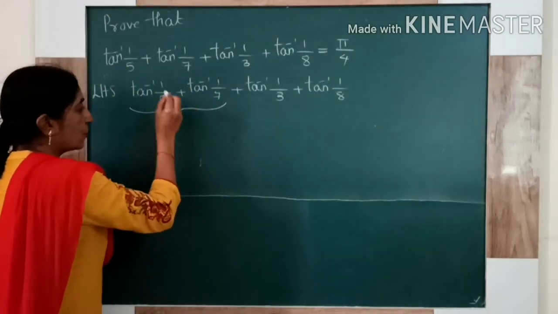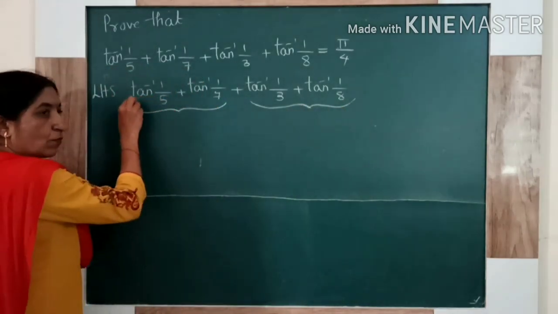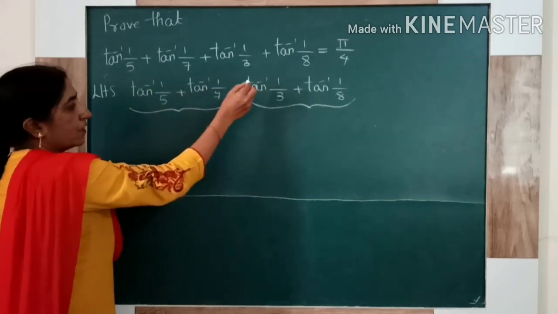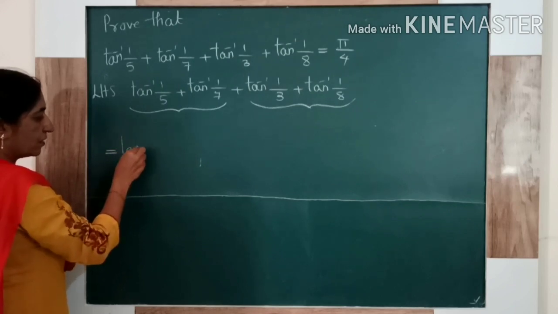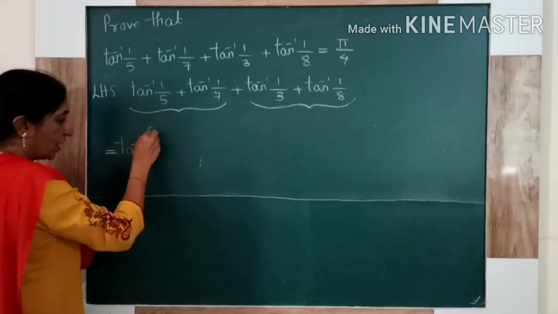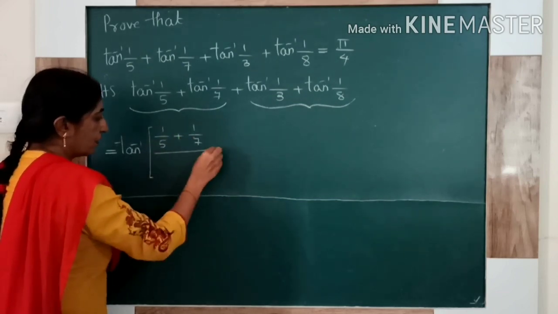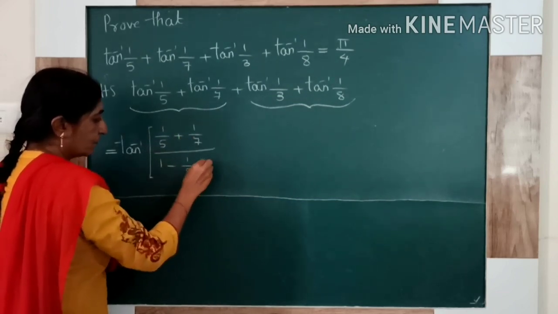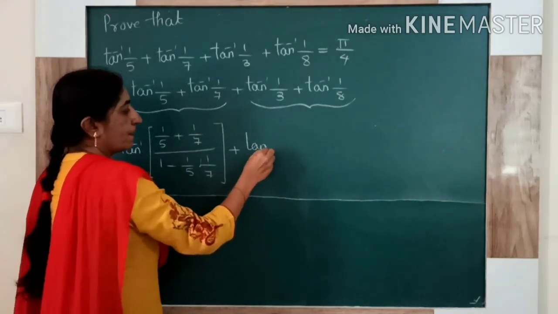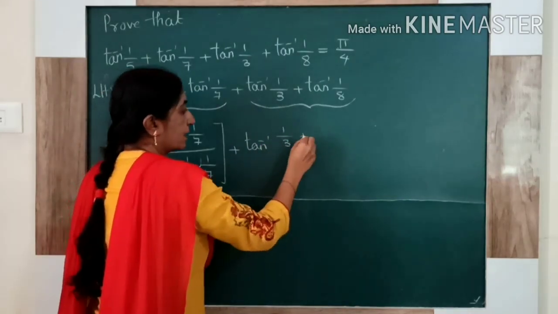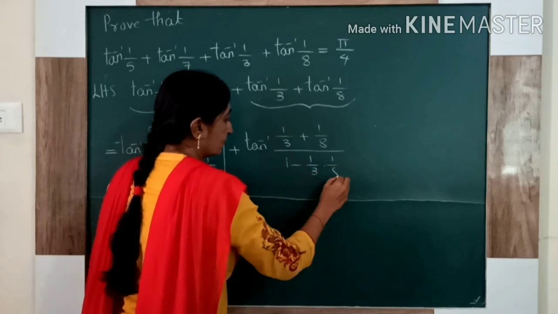Make this as one group and this as one group. Here it is in the form of tan inverse x plus tan inverse y, and this is also in the form of tan inverse x plus tan inverse y. All are familiar with that formula. Tan inverse of (1 by 5 plus 1 by 7) upon, and similarly for this also, tan inverse of (1 by 3 plus 1 by 8) upon.